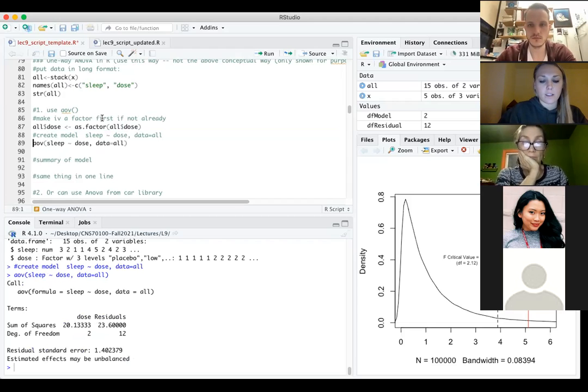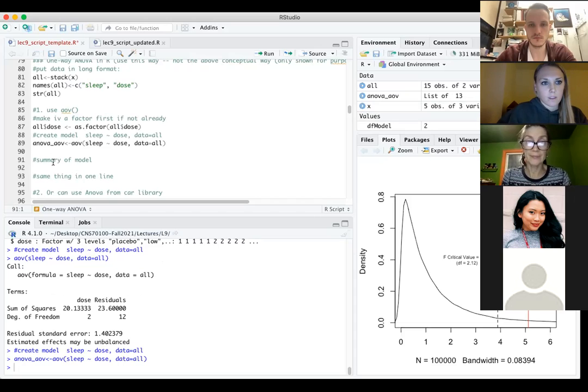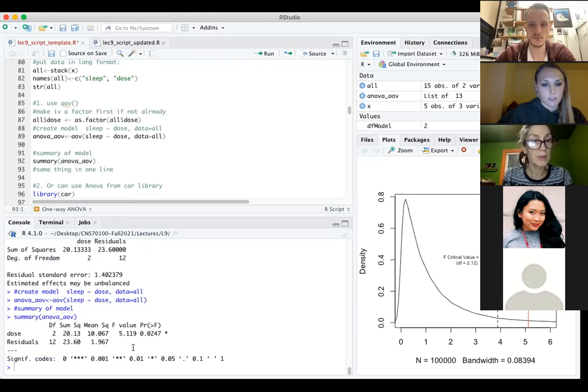So we're going to create this into, I'll call this ANOVA AOV, since this is the AOV function we're using. And then if you do summary, ANOVA AOV, so we're just passing this object. This will give you the ANOVA table that you're used to seeing.